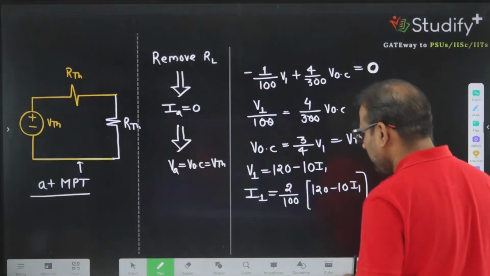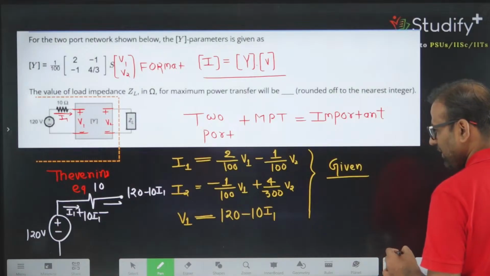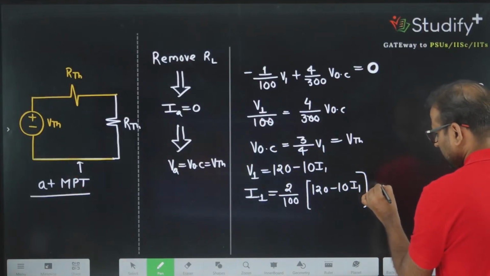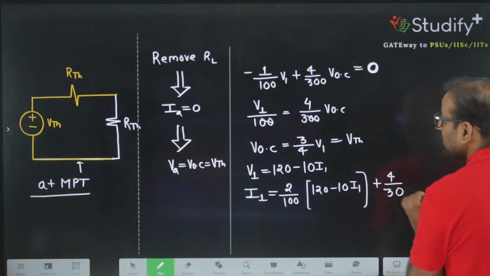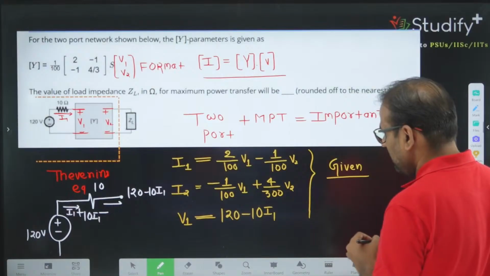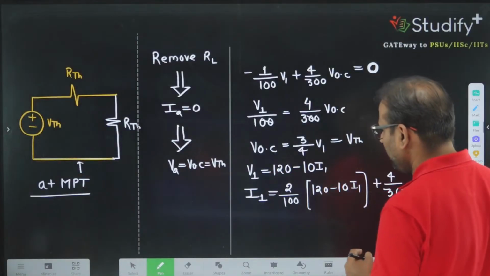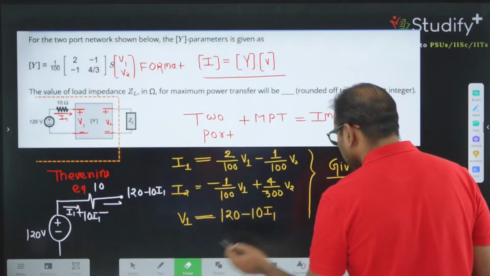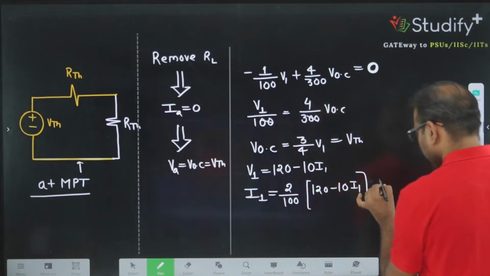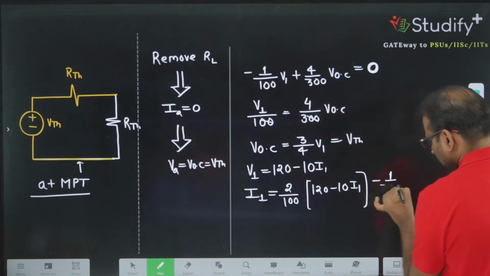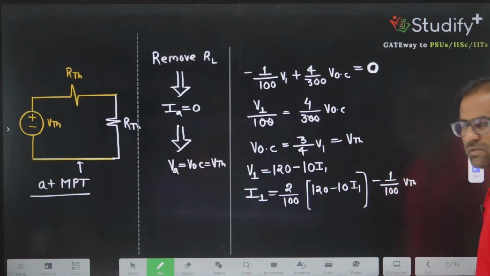So I1 equal to this, plus 4 by 300 times V2, plus 2 by 100 times V1, and minus 1 by 100 times V2, minus 1 by 100 times VTH.